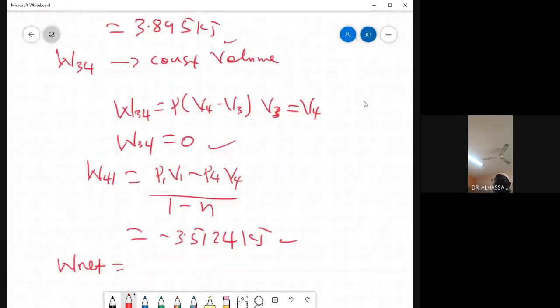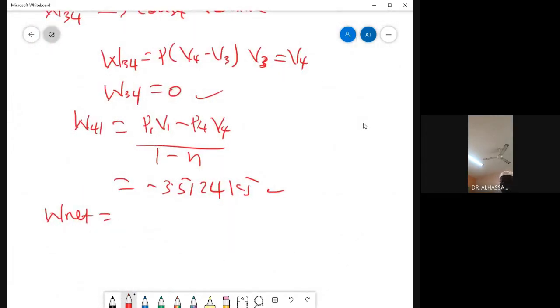So eventually we have 3.895 plus W23, 0.525 plus W34, which is 0, and then the last one minus 3.5124. Can somebody calculate this for us?